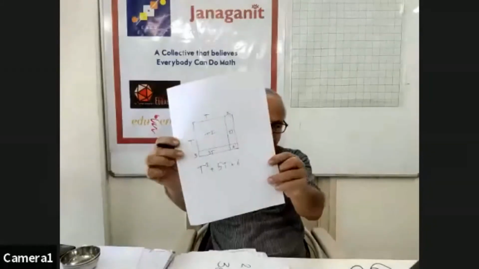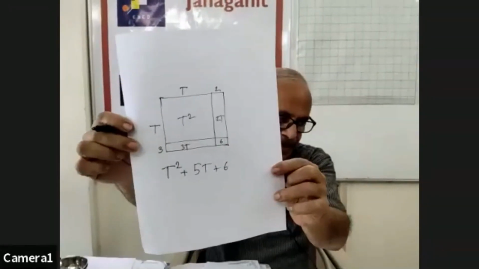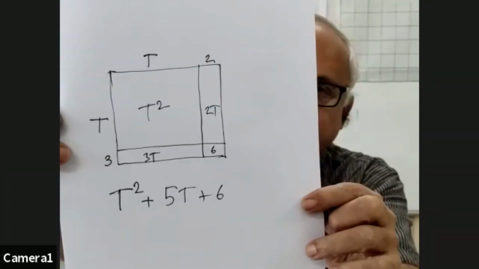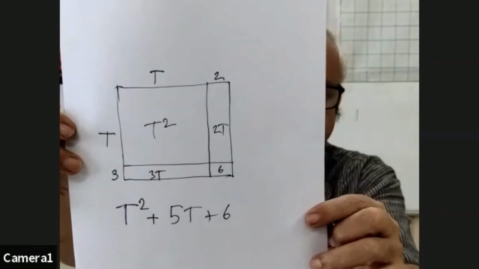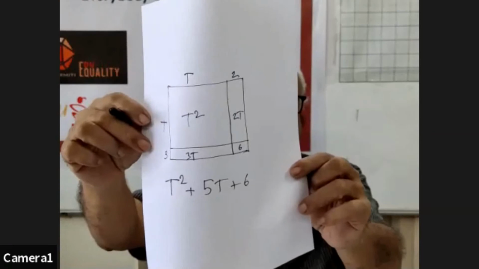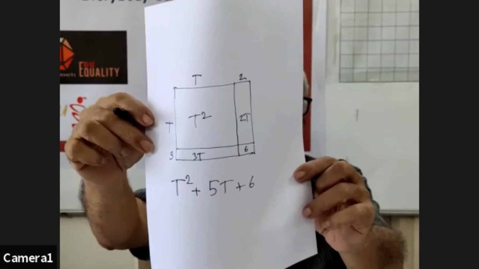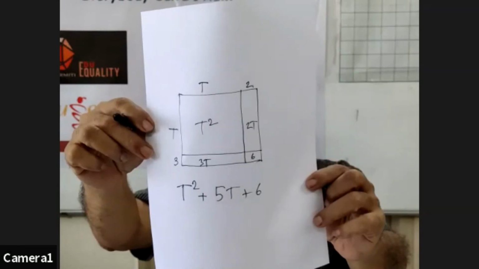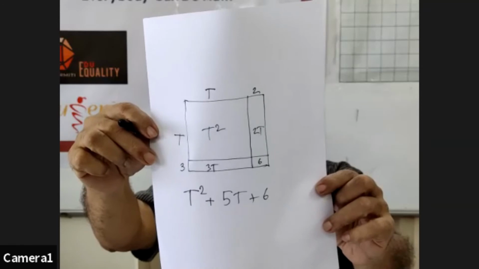This is what we have drawn, and this is what we have written. But we know what is the answer of 12 into 13 in numbers. What is the answer? When you did it on the calculator, 12 into 13, what answer did you get? Remember?